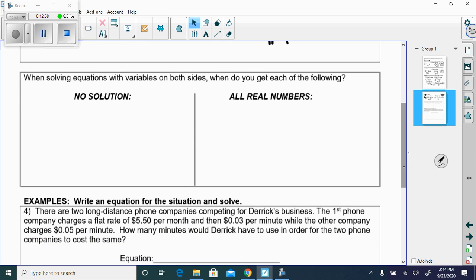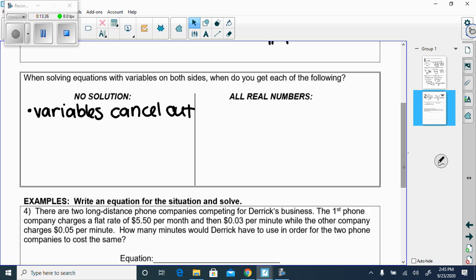What has to happen for it to be no solution? On both sides, you don't get any variables, but the sides don't equal each other. Okay, so no variables, that part is true. So variables cancel out.